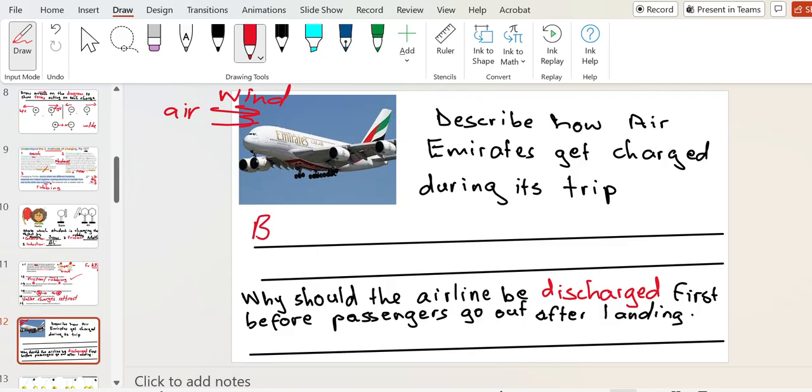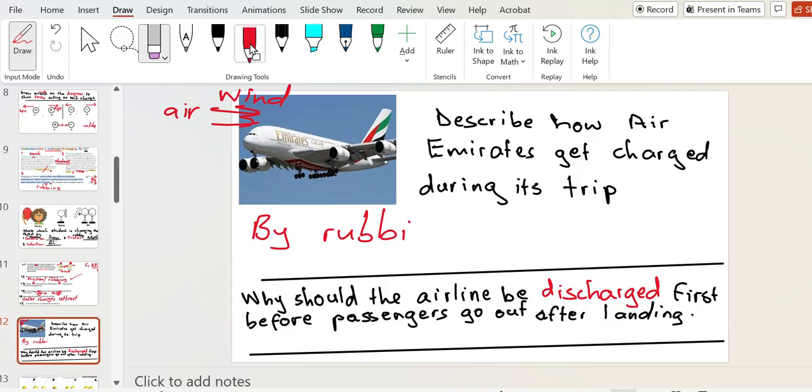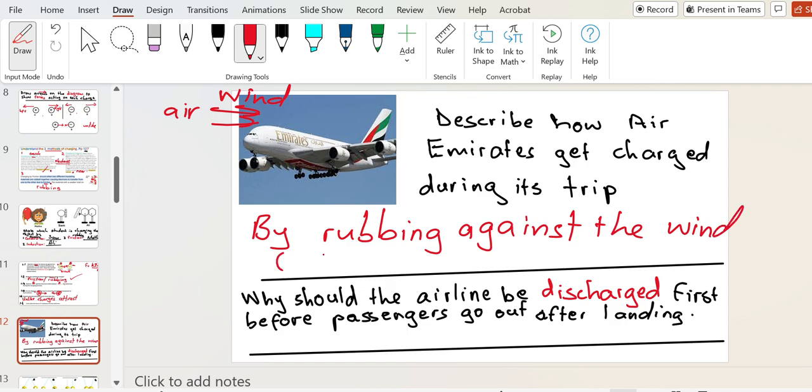So by rubbing against the wind. This is friction. The method is called friction. You can simply write by friction.